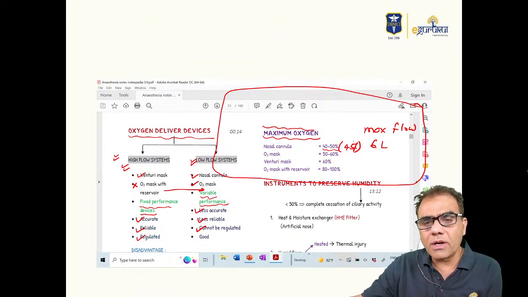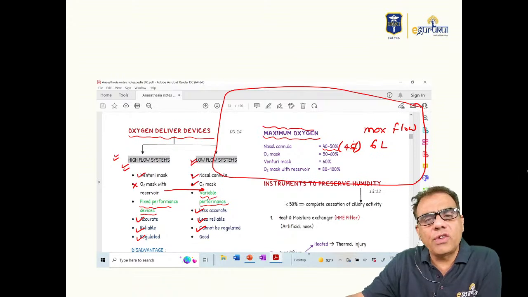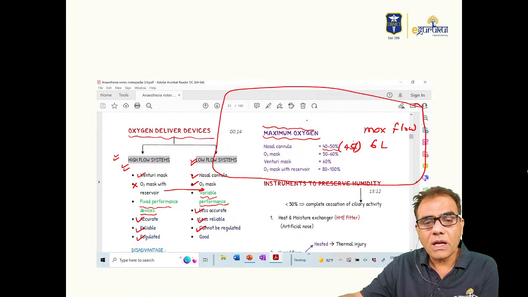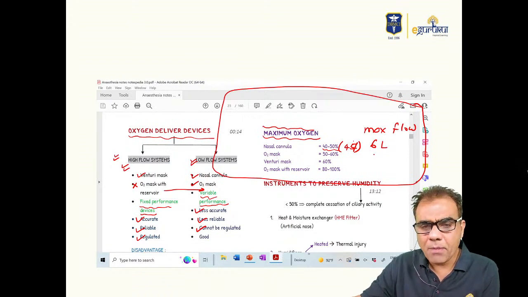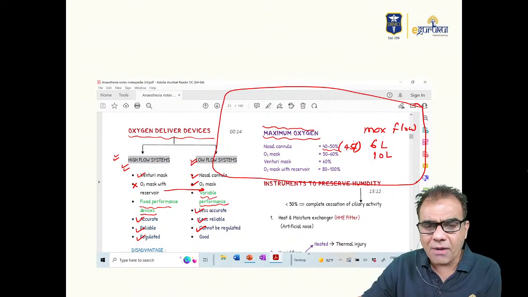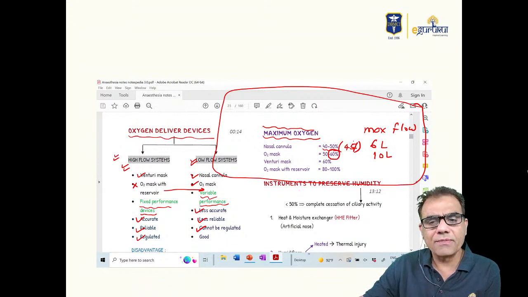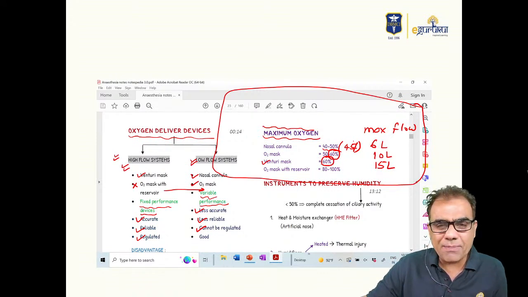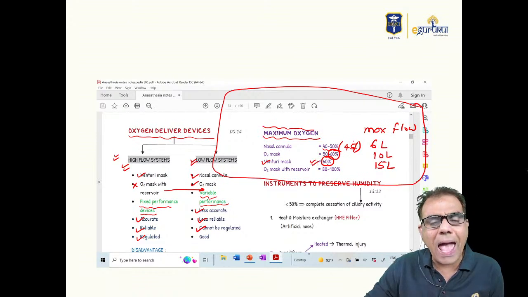So that is important. I've seen people using 10 liter, 15 liter with nasal cannula. They are simply wasting the oxygen. Simple oxygen mask, maximum flow is 10 liter and maximum you can say is 60%. Venturi mask, maximum flow is 15 liter and maximum oxygen is 60%, but this 60% is reliable, accurate.